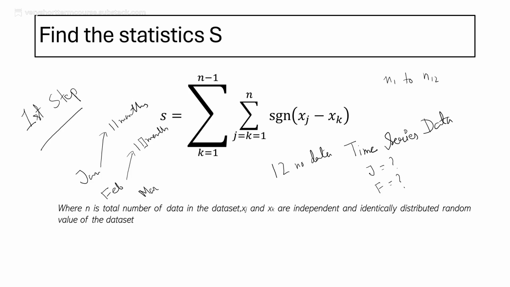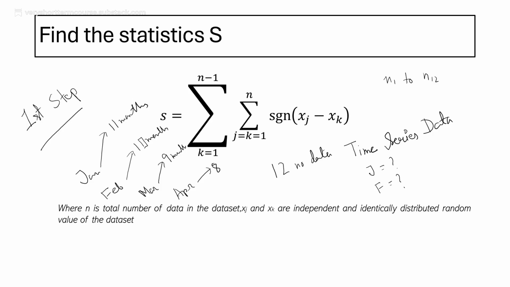So remaining data are 9 months. So you'll compare with the remaining 9 months' data. Then April. April you have already compared with January, February, March data. So the remaining 8 months' data you compare. Each of the data with each of the other data you have to compare, whether it is greater than or less than.